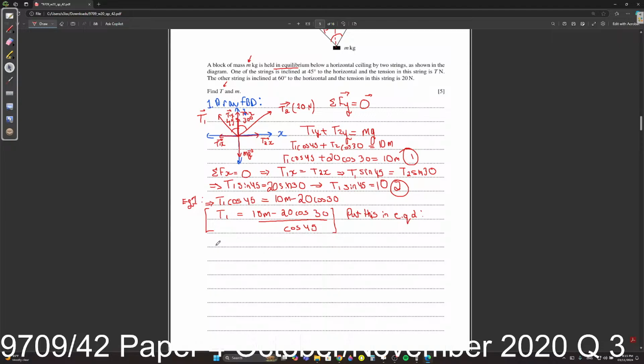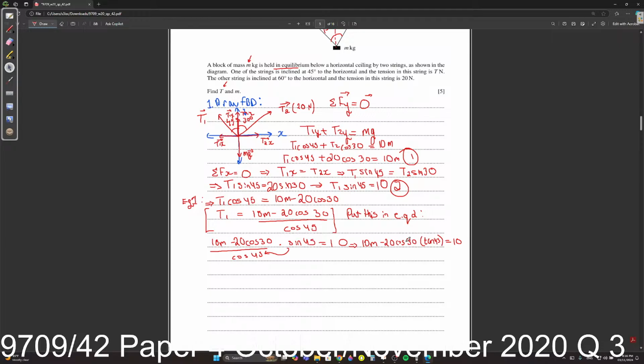We're going to get 10m minus 20 cosine 30 over cosine 45 times sine 45, because T1 sine 45 is equal to 10. Sine over cosine, what does that mean? Tan, right? So 10m minus 20 cosine 30 times tan 45 is equal to 10.